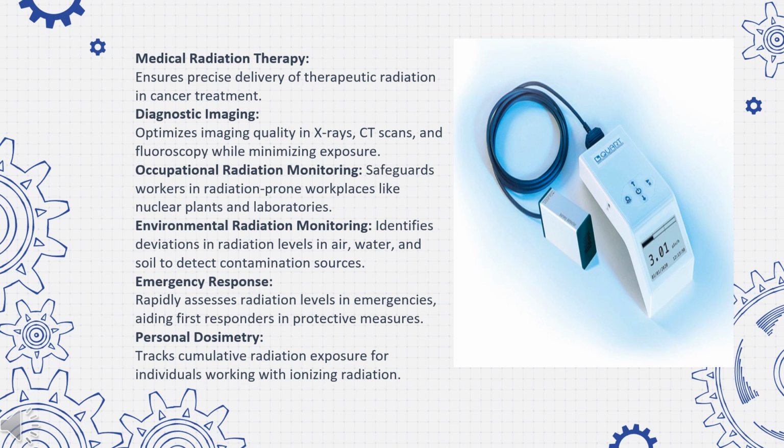That means monitoring radiation levels in air, water, and soil to detect emission sources. The fifth, emergency response: monitoring radiation levels in emergencies and guiding responders in protective measures. The last one, personal dosimetry, tracks radiation exposure for anyone working with ionizing radiation.